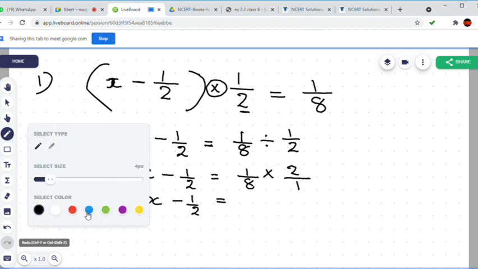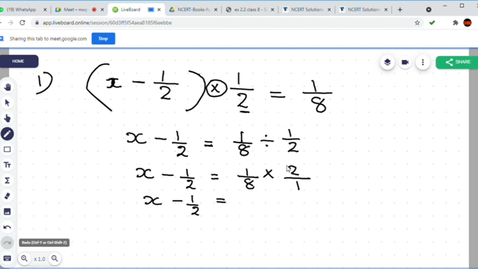Here we can cancel 2 and 8. 2 divided by 2 is 1, 8 divided by 2 is 4. So the right side is 1 by 4. Numerator 1 into 1, denominator 4 into 1. So x minus 1 by 2 is 1 by 4.